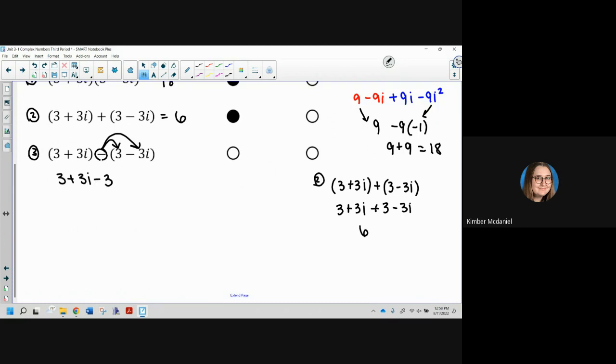Negative times a negative 3i changes it to a positive 3i. This time, our constants cancel, because 3 and negative 3 gives us 0. And what is 3i plus 3i equal to? 6i. Real or non-real? Non-real.